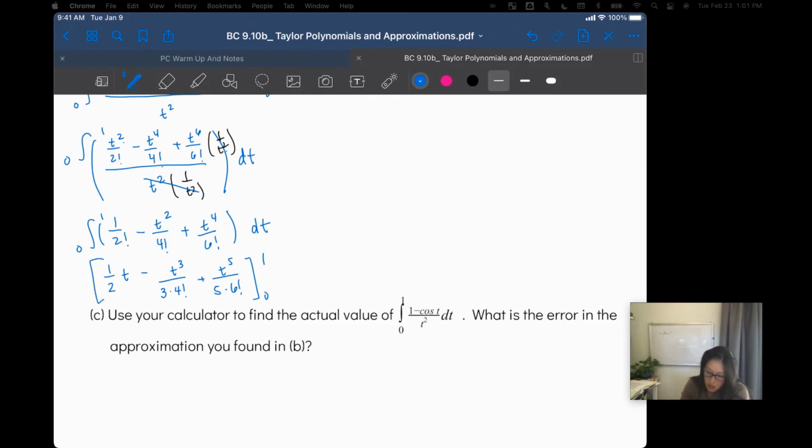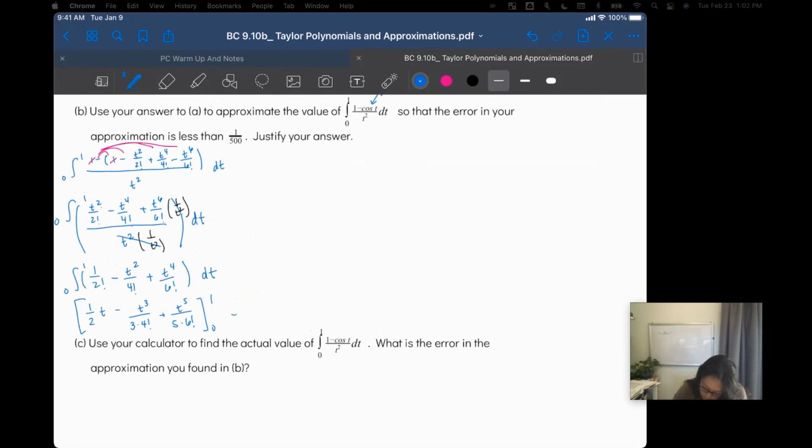Okay. All right, so let's go ahead and substitute in the 1. So I get 1/2 times 1 minus 1 cubed is 1 over 4 factorial, which is equal to 24. So 3 times 24 is 72. Plus, I'm substituting in the 1, I get 1 over 5 times 6 factorial.